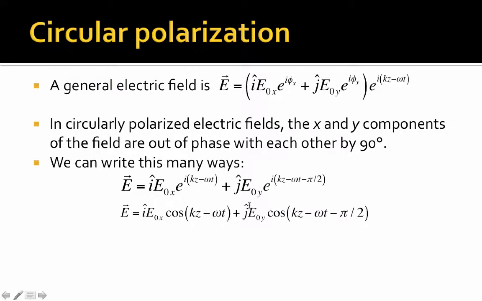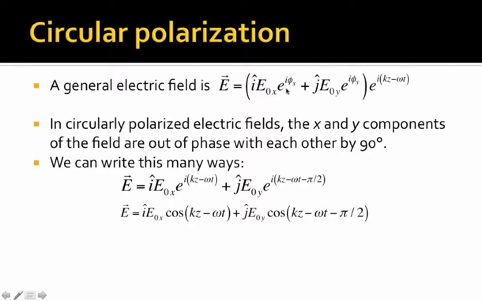Now let's jump from Brewster's angle and polarization by reflection to circular polarization. So there's a lot of waves written here. And again, we've got our general electric field that's an E naught, which has two components, an x component and a y component, times our oscillating term, e to the i(kz minus omega t).